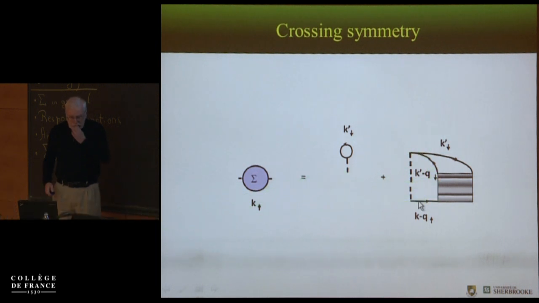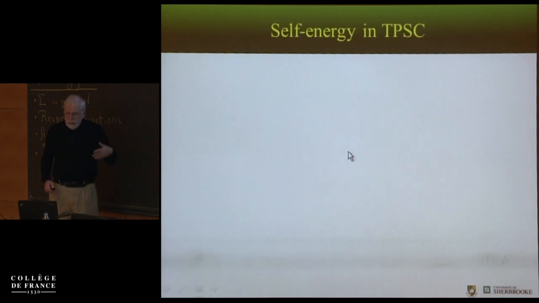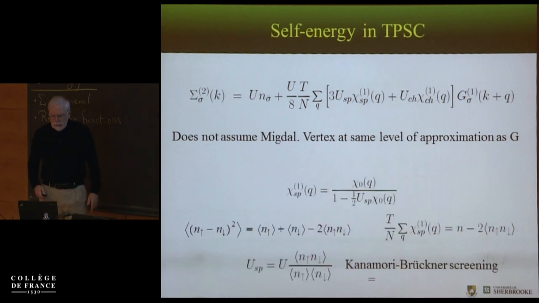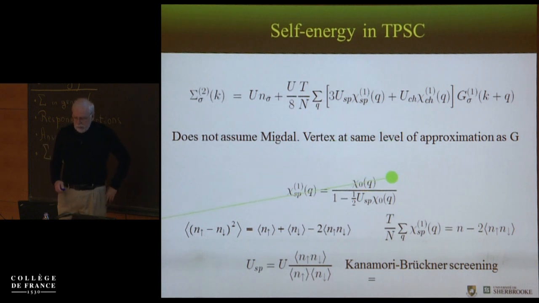And in fact, there's crossing symmetry, so that the longitudinal channel is related to the transverse channel. If you want to satisfy, in some good approximation, this crossing symmetry, which gives better high frequency behavior, then you end up with this relation where the spin comes in 3 times because there's spin 1, and the charge comes in 1 time.